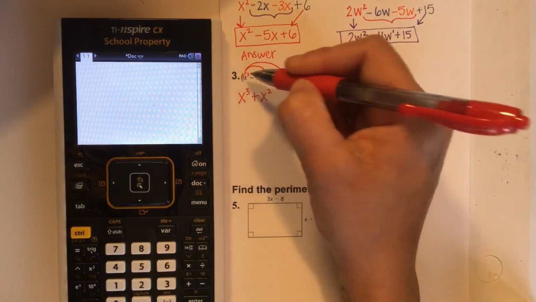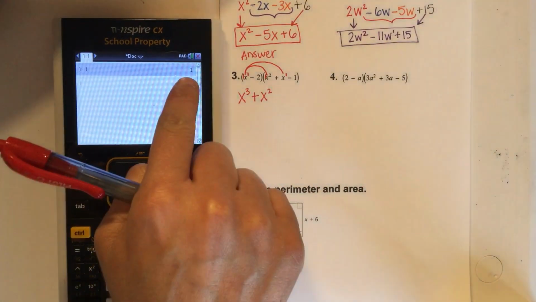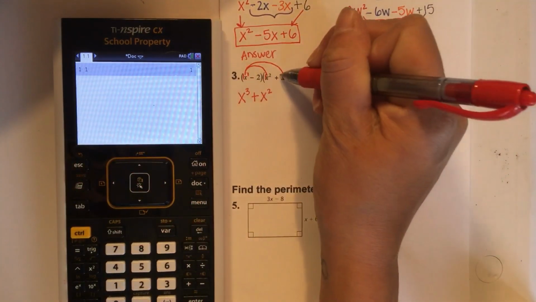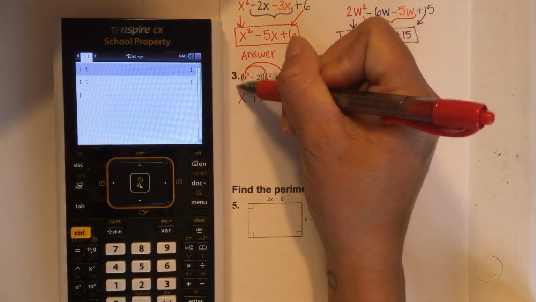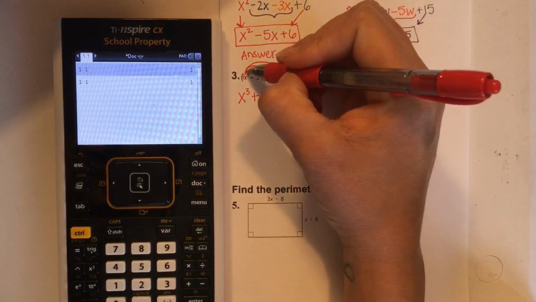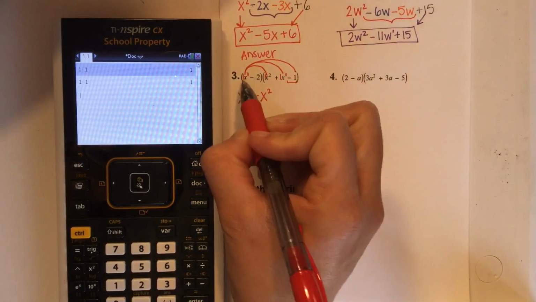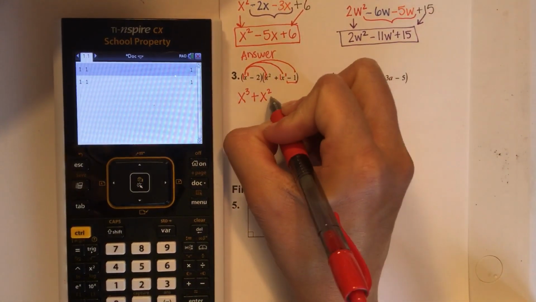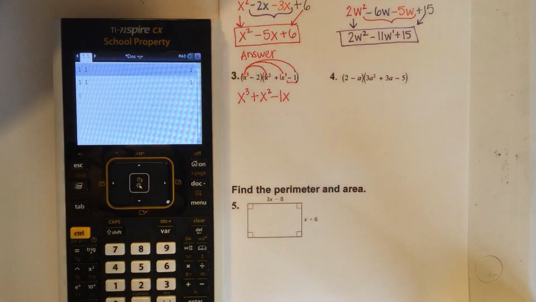There's a 1 in front, so you're not adding them. You're saying 1 times 1 is 1. That's why we have a 1 in front. Now you're going to take x one more time and multiply it with a negative 1. X times a negative 1 is a negative 1x, or just negative x.